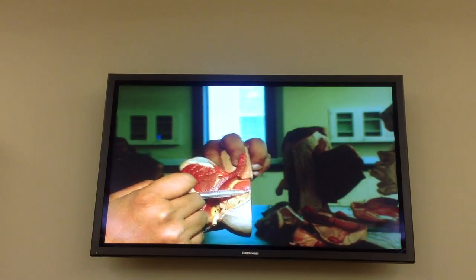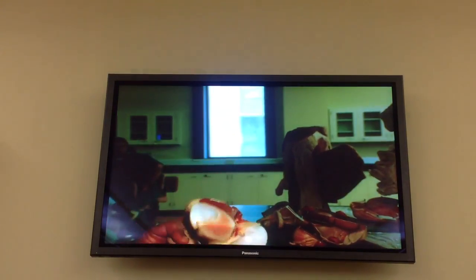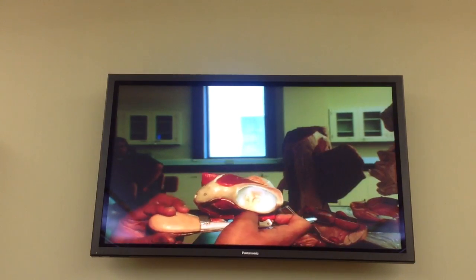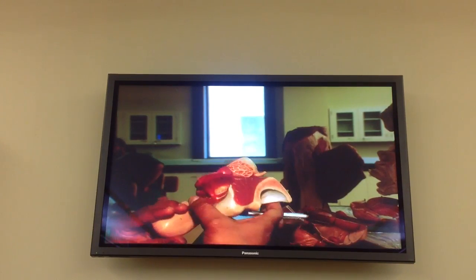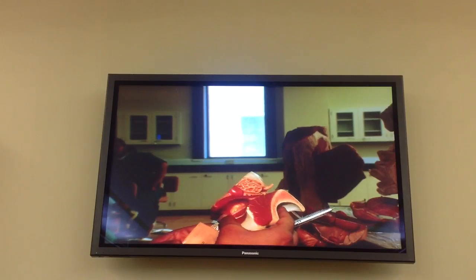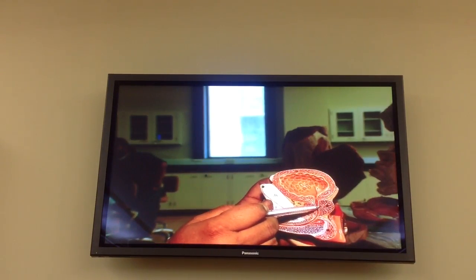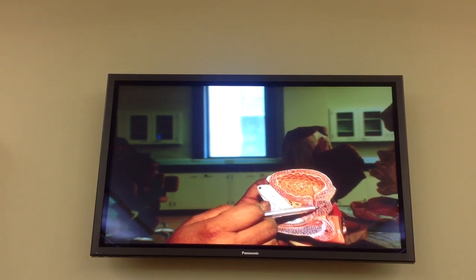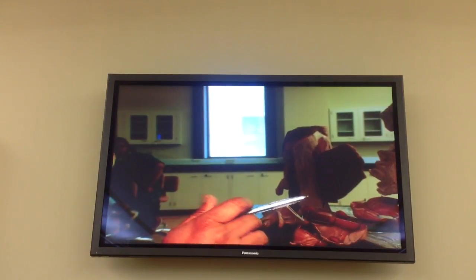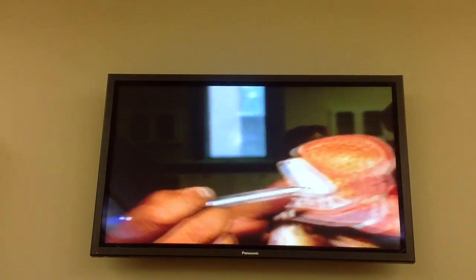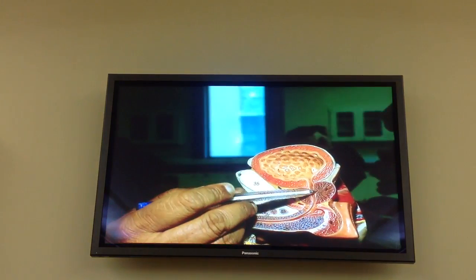Okay? So this would be, and this small duct inside would be ejaculatory duct. Okay? Ejaculatory duct. This one. This is small duct.